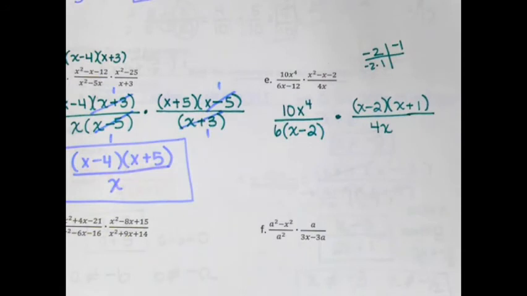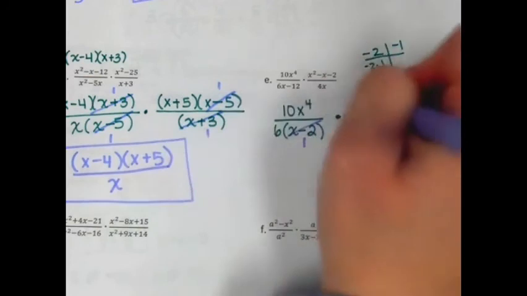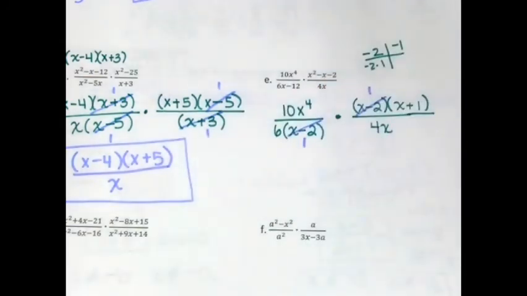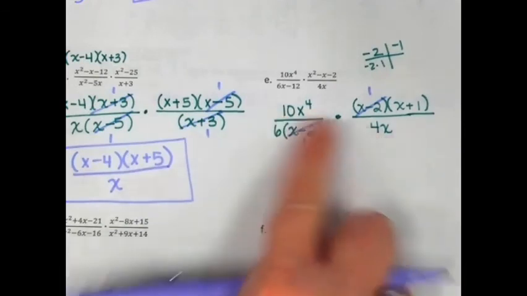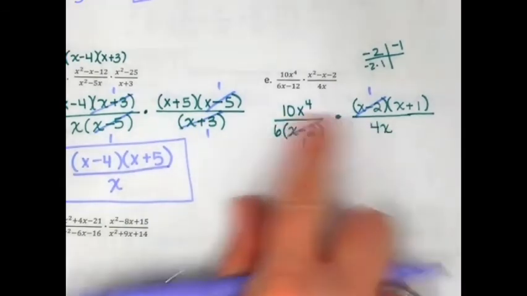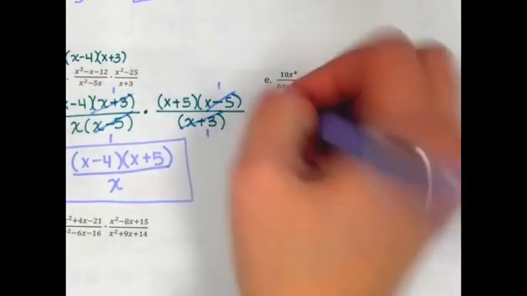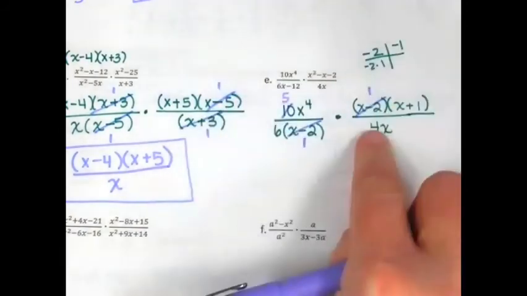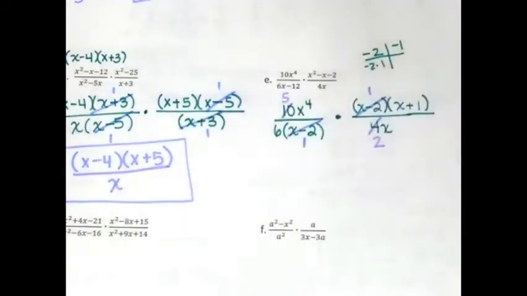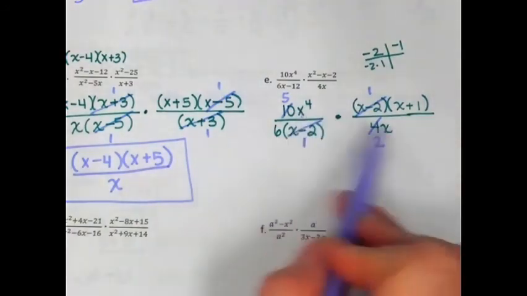Thank you. So what can we simplify here? X minus 2s, yeah. Those are both 1s. Anything else? The 10 and the 4, because that's multiplication, isn't it? What can go into 10 and 4? 2, so this becomes a 5. 4 becomes a 2. Anything else? The x's, right? So I have 4 and 1 on the bottom.